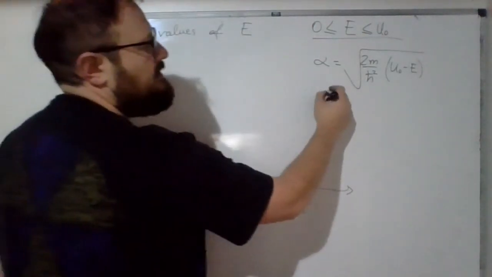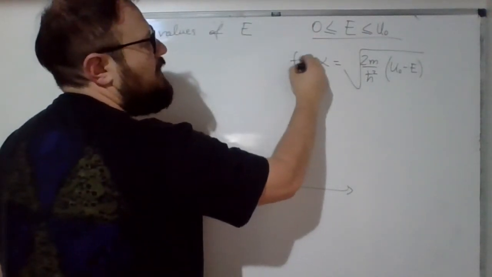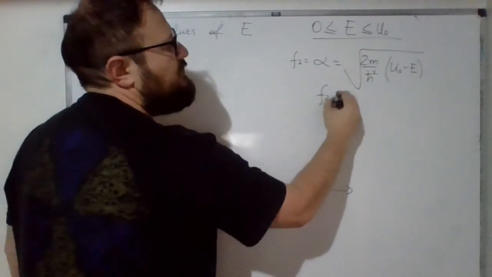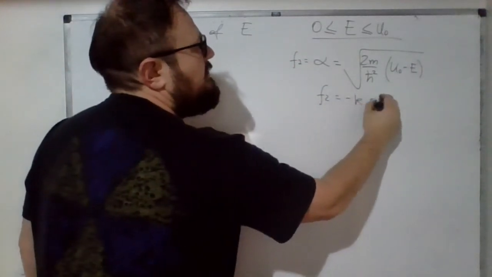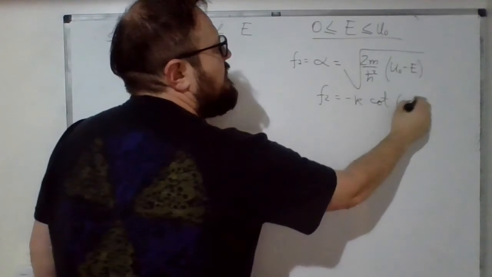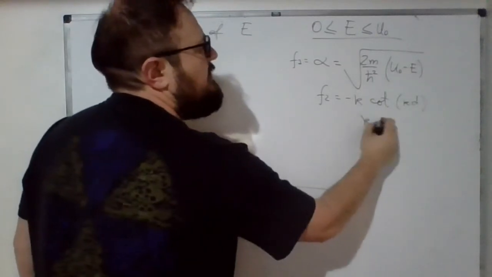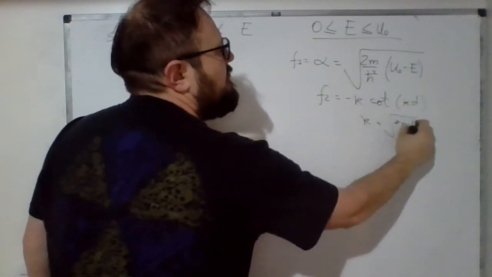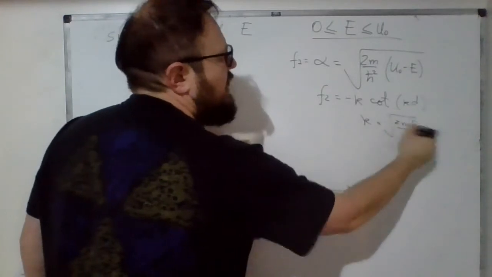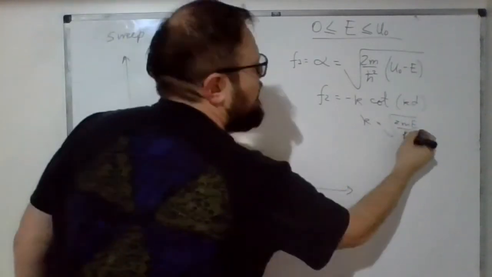This is function 1, and your function 2 is minus k cotangent function of k times d, and k is the square root of 2 times mass times the energy divided by h bar squared.